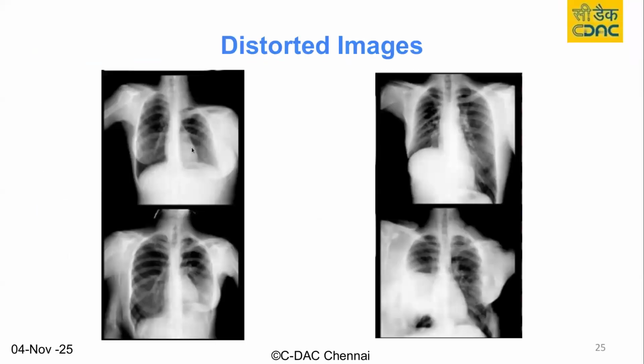So after uploading, you have to check whether it is a valid X-ray image. It cannot be a person image, so for that purpose you have to use some measures like the structural similarity index. You have to compare the input image with an X-ray image and find out whether it is similar to an X-ray image. If not, you have to say it is not a valid image. If you upload a person image, it should not be accepted by the AI engine, right? So necessary precautions should be taken.